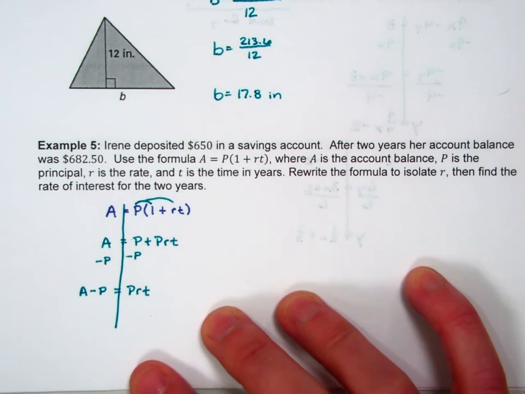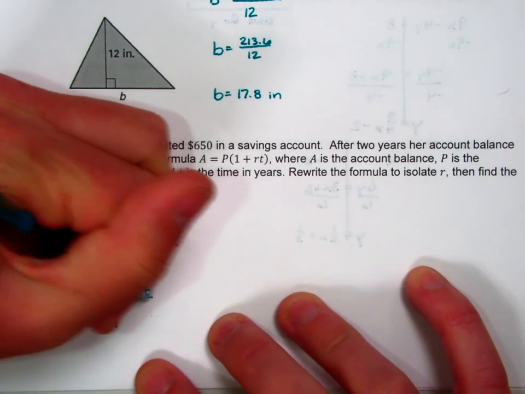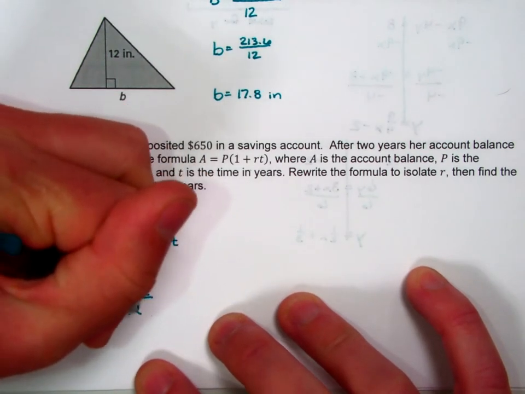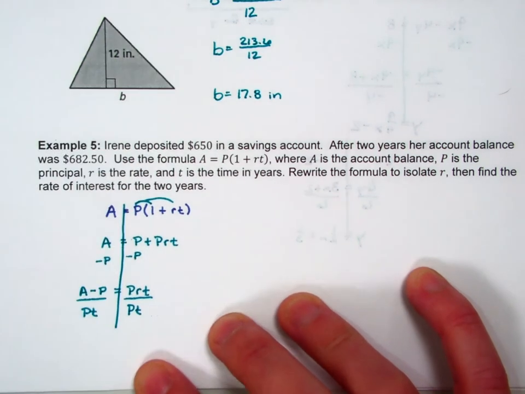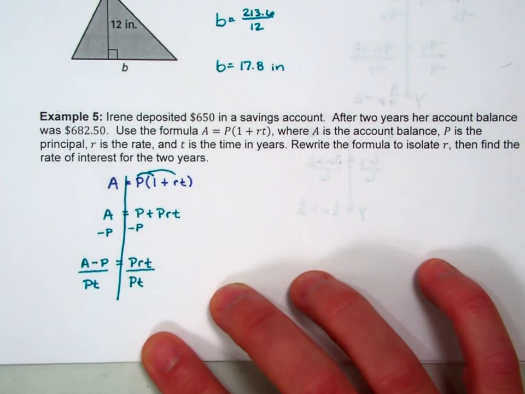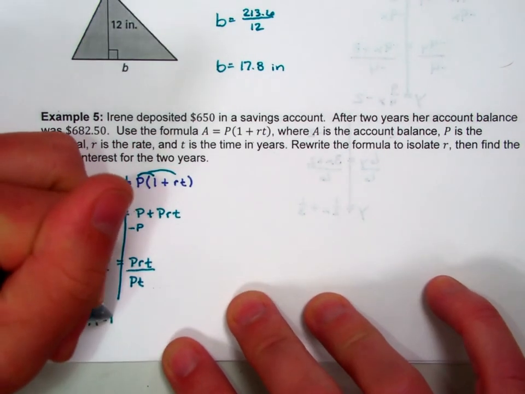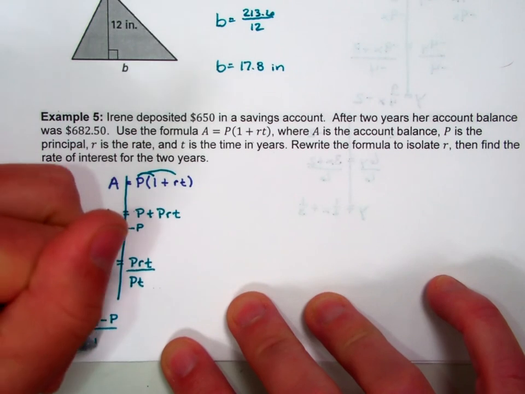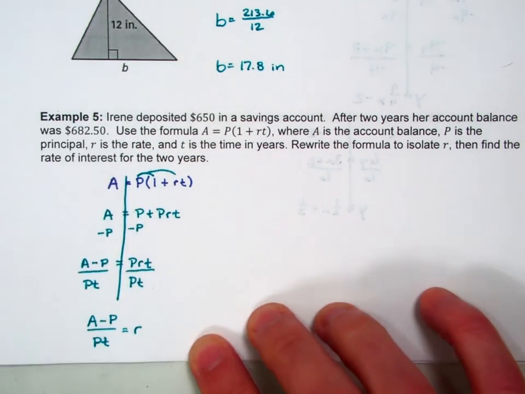Then, just like in example number 3, we're looking to solve for R, and R is being multiplied by 2 things. So if it's being multiplied by those 2 things, we should be able to divide by those 2 things all at once. So let's divide each side by PT. And we're going to have A minus P over P times T equals R.